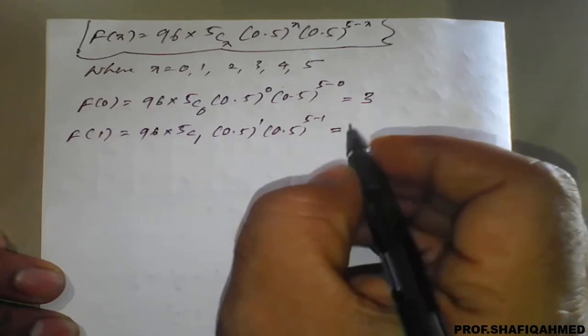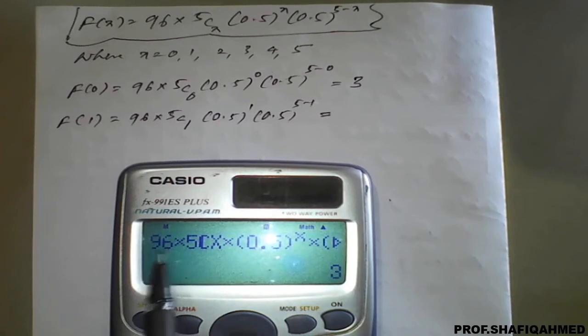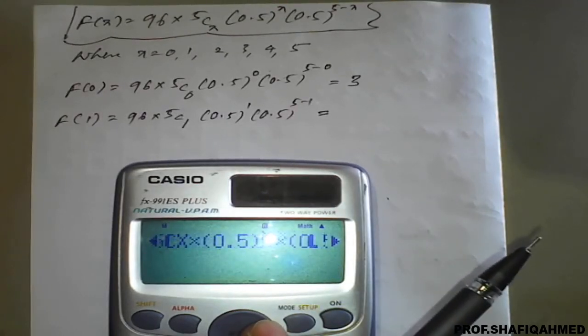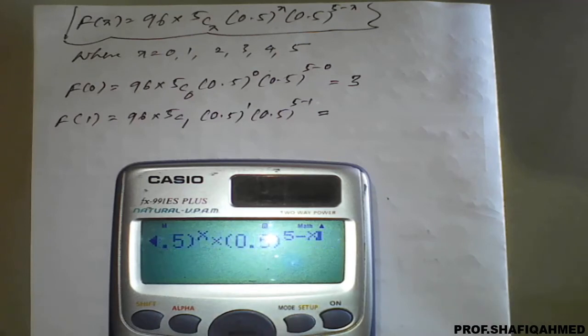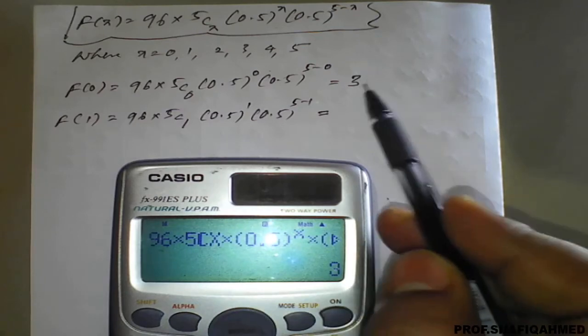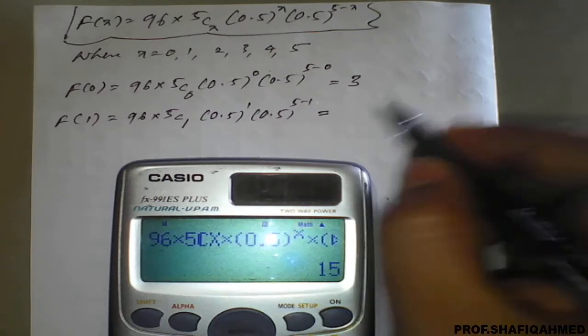If you calculate, prepare the formula in the calculator: 96 into 5Cx into 0.5 raised to x into 0.5 raised to 5 minus x. Then use the calc option and replace the value of x. When x is 0, the answer is 3. When x is 1, the answer is 15.